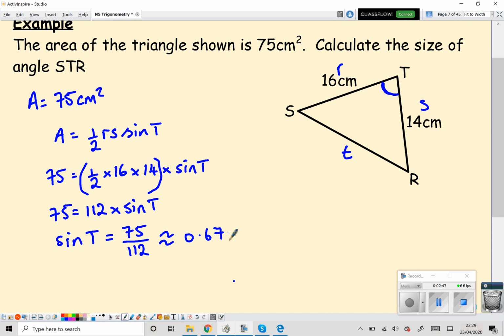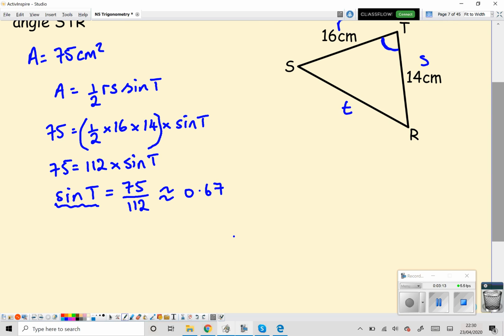It's quite clear there that the angle at T can't be 0.67 degrees. And the reason is, what you know is the sine of T. So remember from earlier work you've done in trigonometry that you can take the sine of any angle and get a value. And the sine of this angle produces 0.67 approximately, or 75 over 112 exactly.